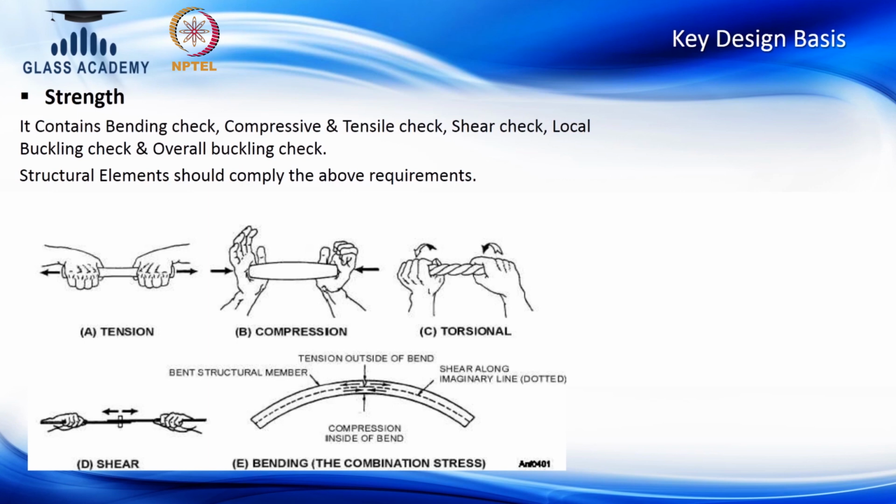So the designer needs to check for tension, compression, torsion, or in many cases a combination of all these three aspects. Tension is, yes, you have a pulling force on this member. Compression is like a column design, the struts are getting compressed. In this case the slenderness factor is more critical.